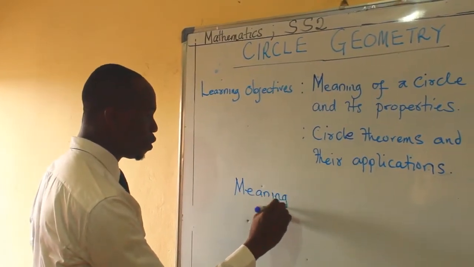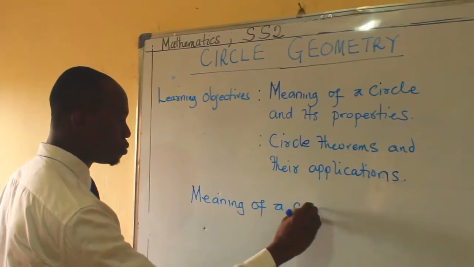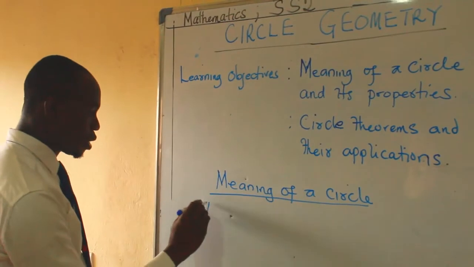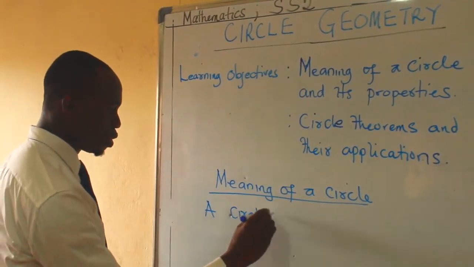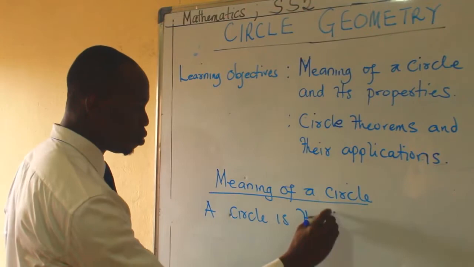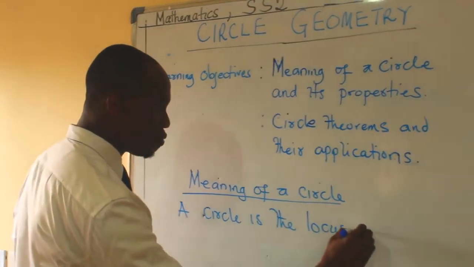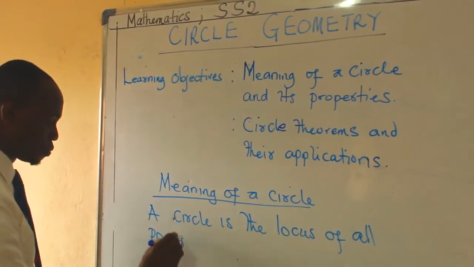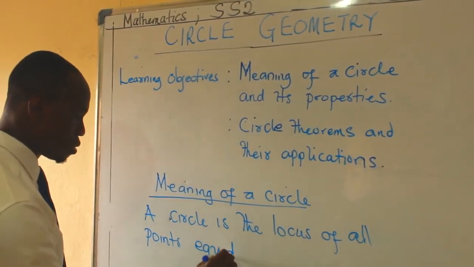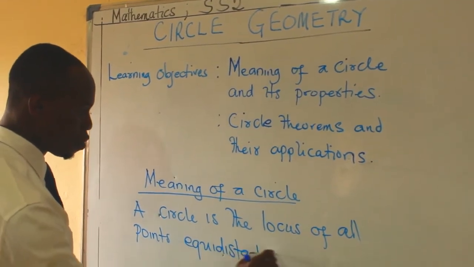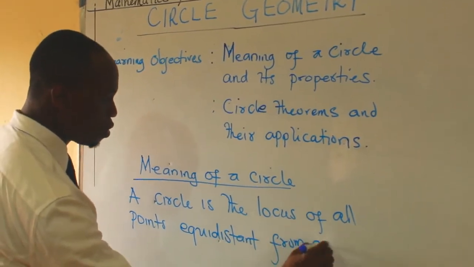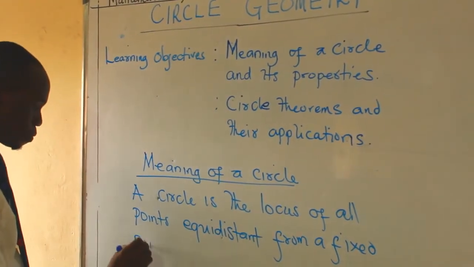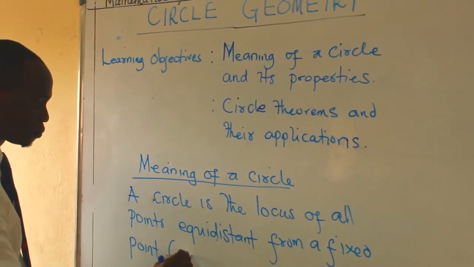Meaning of a circle. A circle is the locus of all points equidistant from a fixed point as the center.